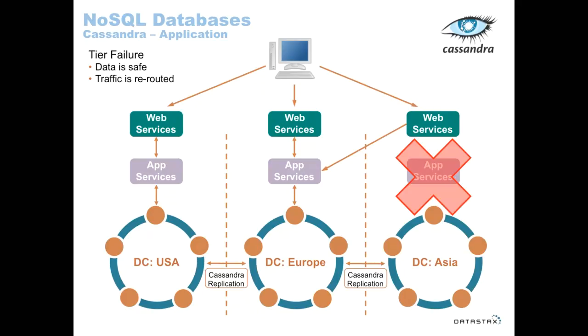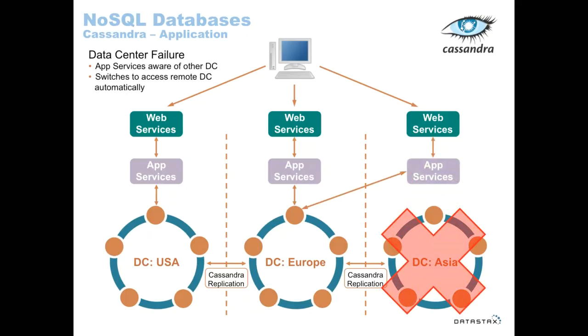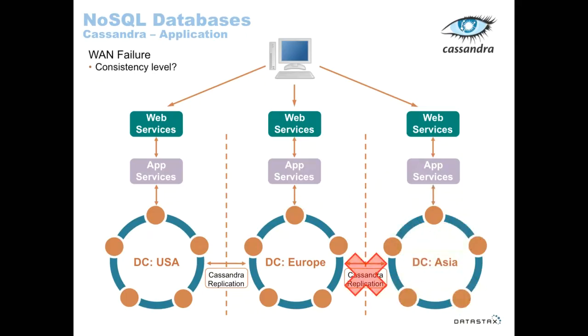Here's an example where there's a tier failure of the application services, and traffic can simply be rerouted. Similarly, if there's a loss of an entire data center, rerouting can take place, where the application services that are aware of the other data centers can be switched to remote access.